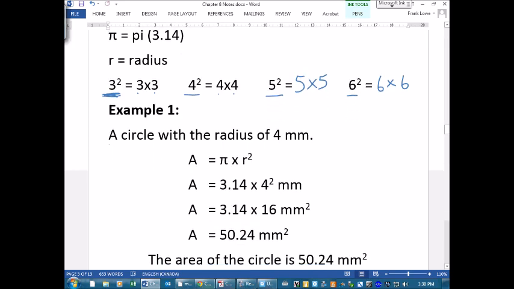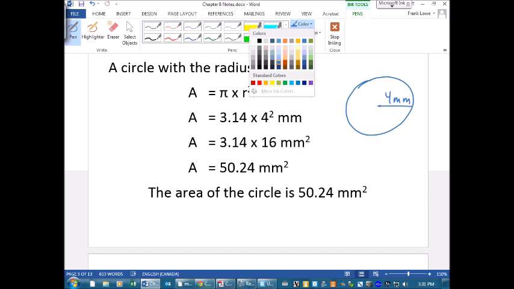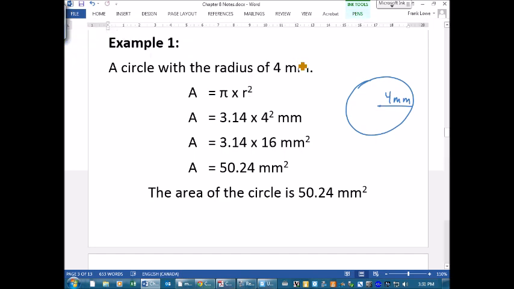Okay, here's your first example. You have a circle, and the radius is 4 millimeters. We want to find the area. And remember, what is area again? It's this whole space in here, everything in here.